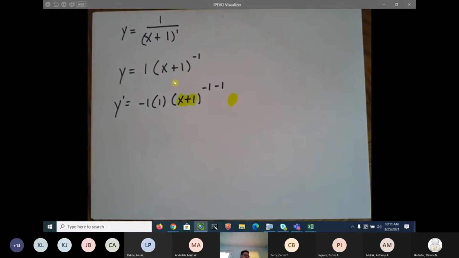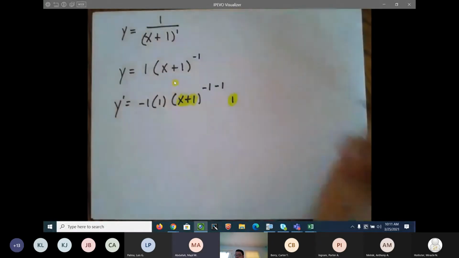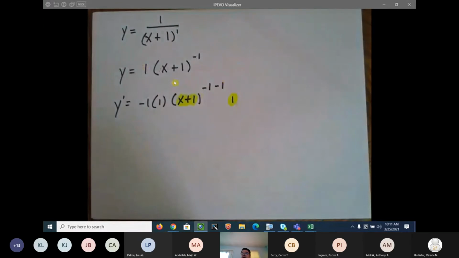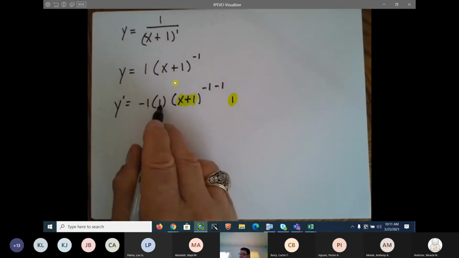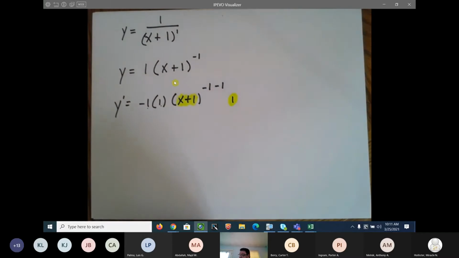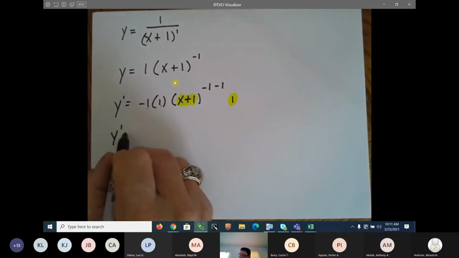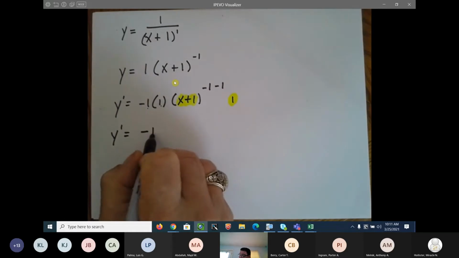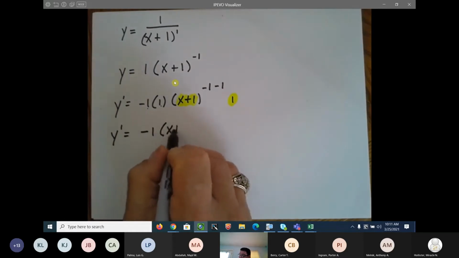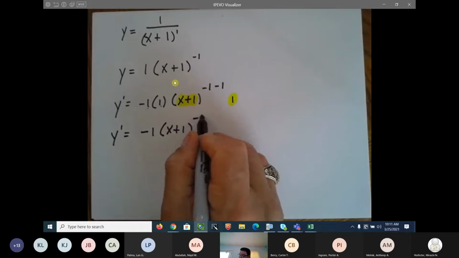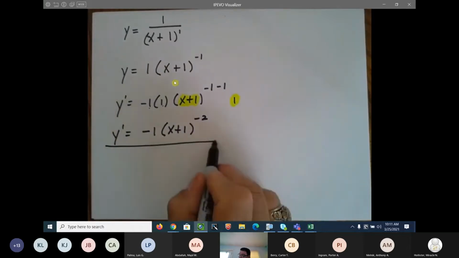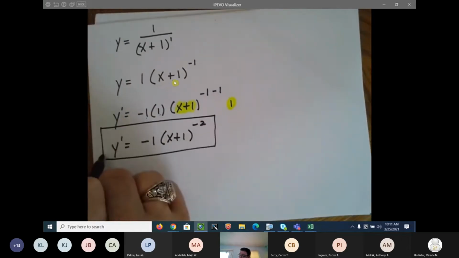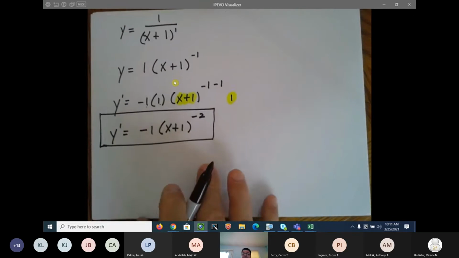The derivative of x is 1, so that's not a big deal. So what's negative 1 times 1 times 1? Negative 1. That's right, class. x plus 1 to the what? Negative 2. So that's the first derivative.